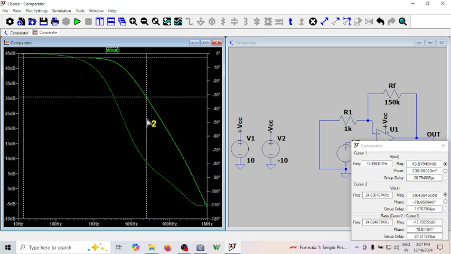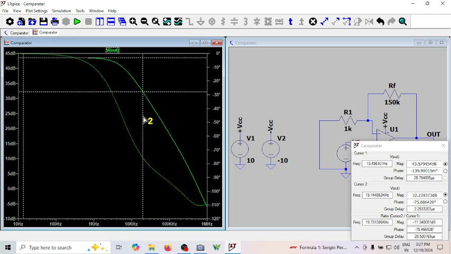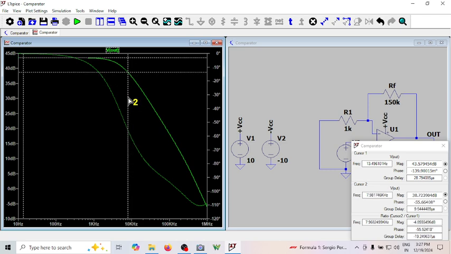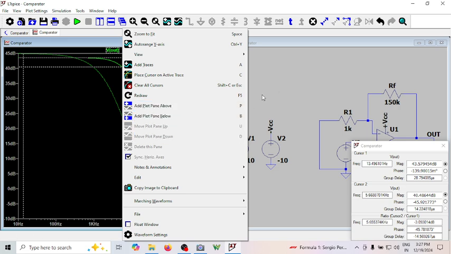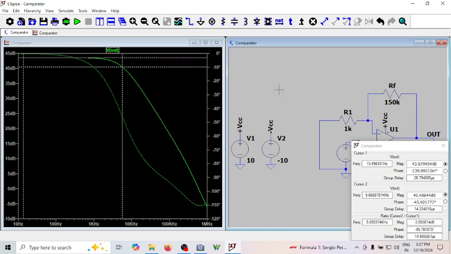See the bandwidth. Bandwidth is now minus 3 dB. Okay, I'm there. So this is 1k and 150 kilo ohm is your RF.